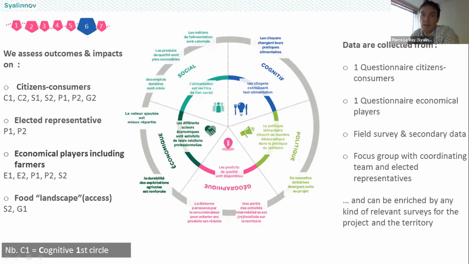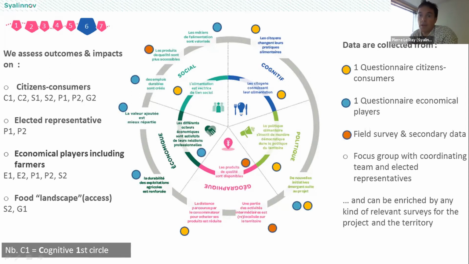Concretely, we collect the information through one questionnaire dedicated to the citizens and consumers, one questionnaire dedicated to the economical players, some field survey and collection of secondary data, and finally, focus groups with the coordination team of the project and elected representatives.